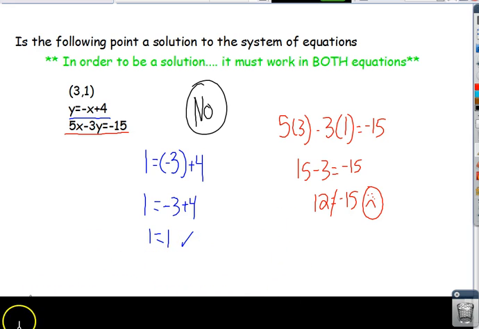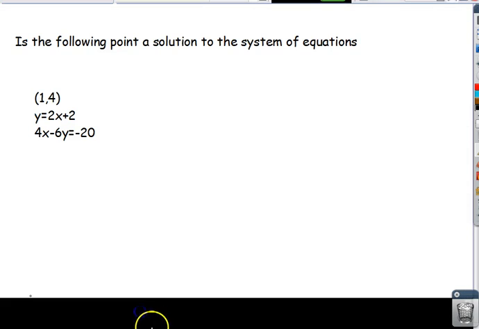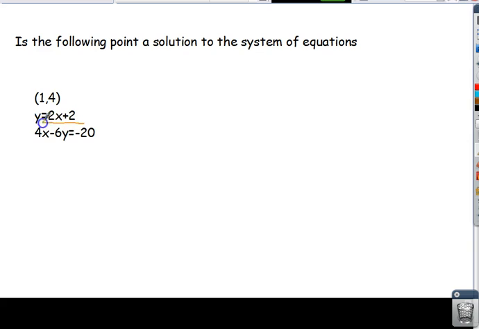All right, moving on. Okay, so now, check the following point. Is the following point a solution to this system of equations? So I'll take the first one in orange. All right. That means I put y being 4, and I put x being 1 in there. That's 2 plus 2.